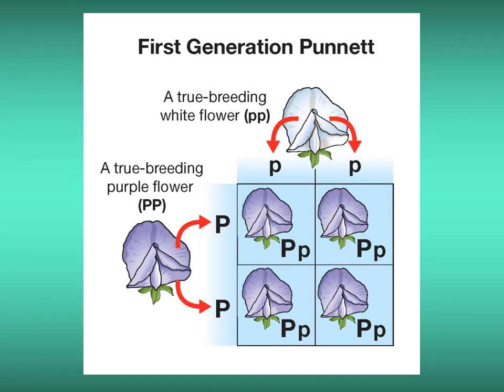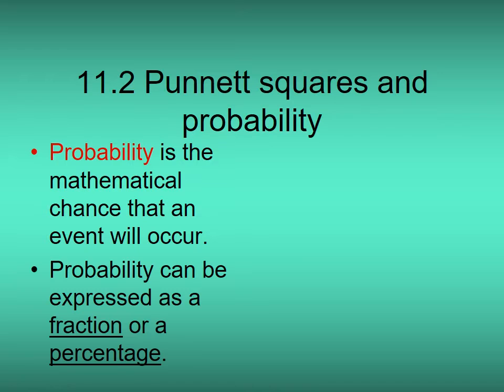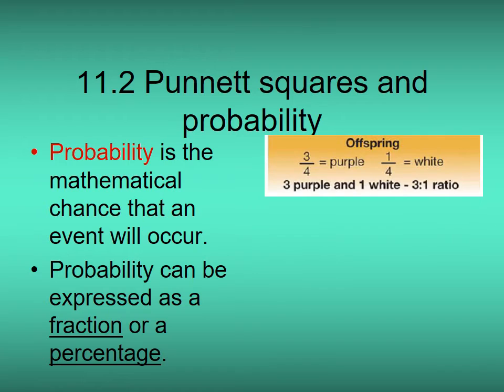All right, so in Mendel's example, if we had a true breeding purple and a true breeding white, their first generation would all be big P, little p, because that's all they could be. All right, and we can now talk a little bit to make sure you understand. I'm sort of talking around it already, but probability is the mathematical chance that an event will occur. It can either be expressed as a fraction or a percentage. Generally speaking, if I ask for probability, I'm going to want you to express it as a percentage, okay?